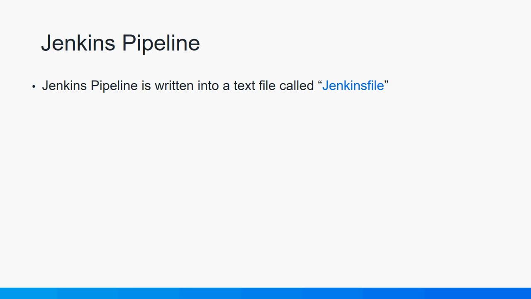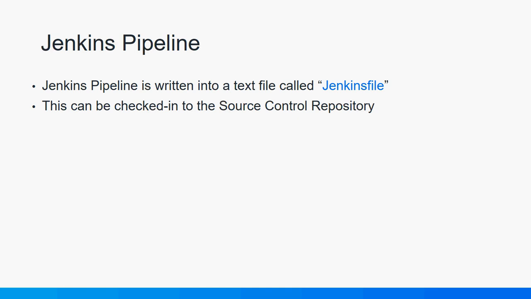The Jenkins pipeline is basically a text file, called a Jenkinsfile, and this can be checked into the source control repository. That is a very important thing. So I'll start off with infrastructure as code. The Jenkinsfile, which is running the pipeline, which includes the infrastructure and the security tool execution, all of these are part of your source control repository itself.